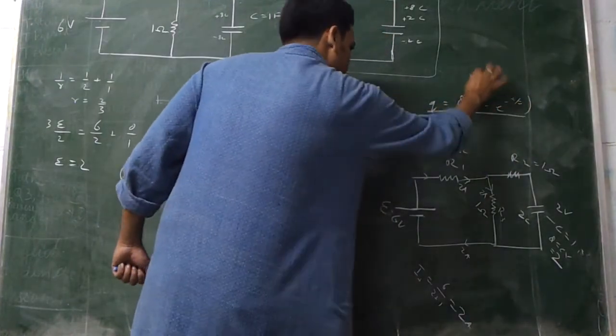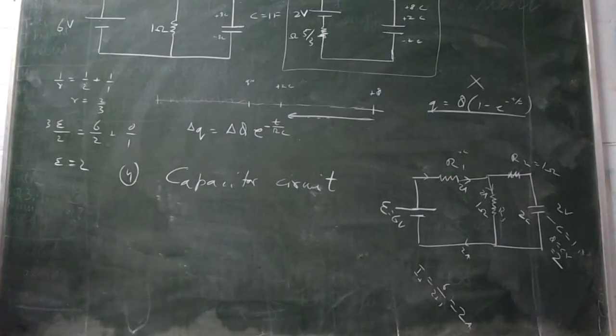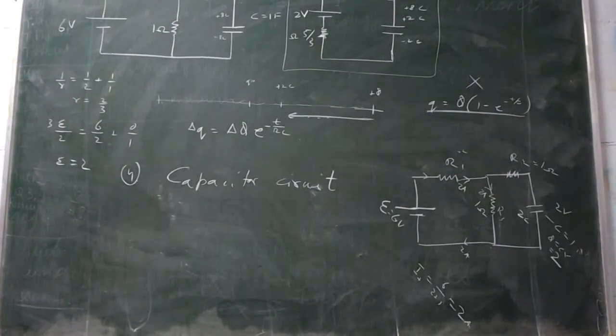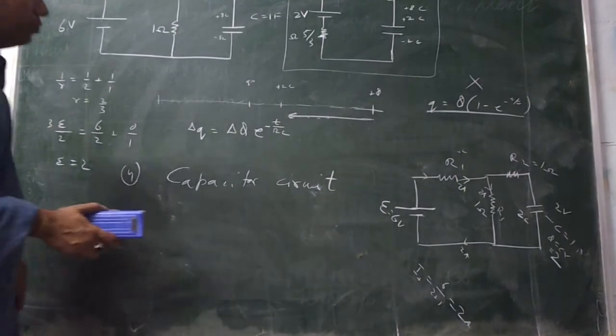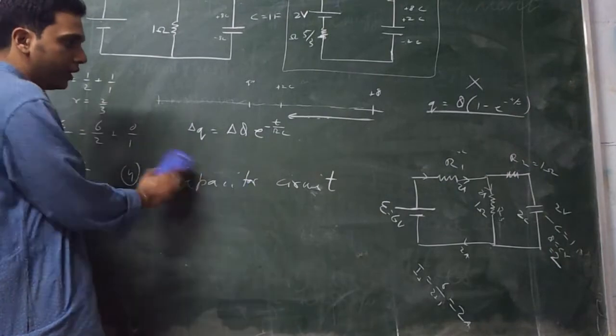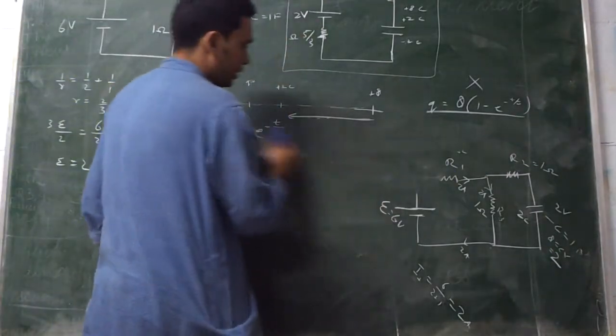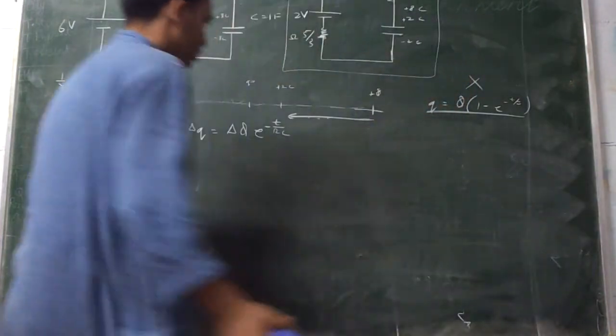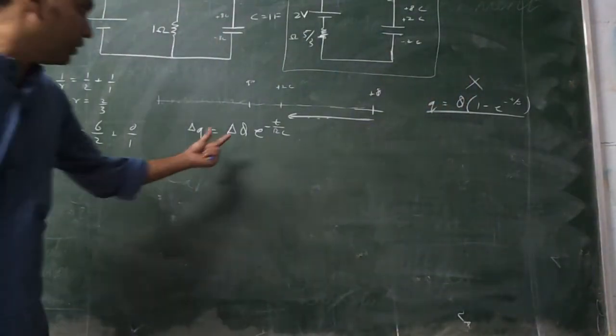This formula is actually useless because it is only for charging from 0. Very few questions in IIT will have the initial charge as 0. You may get it, but this is the general formula which you can always use.